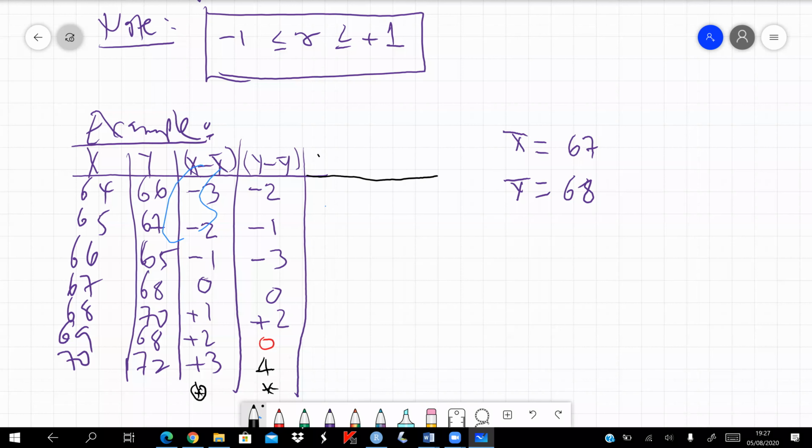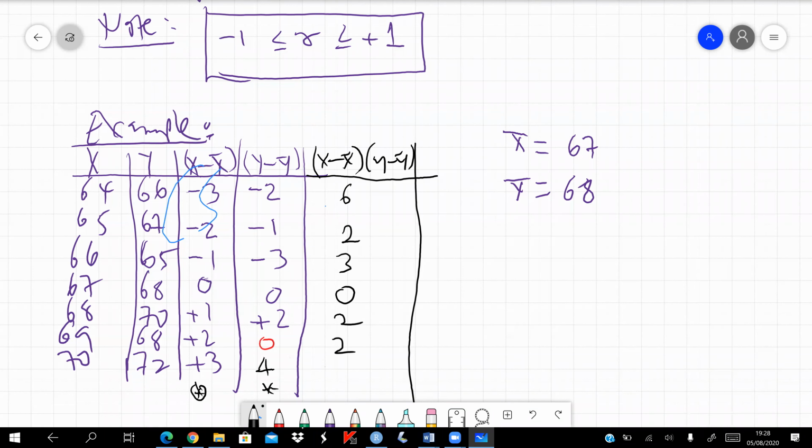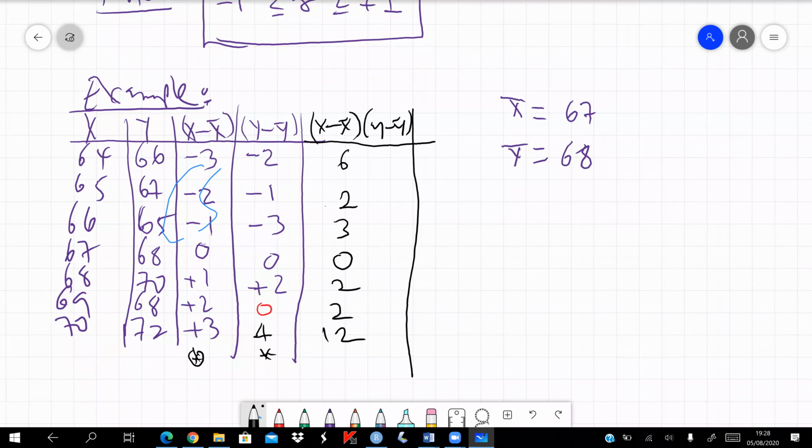So we need x minus x bar multiplied by y minus y bar. So this will be a 6, a 2, a 3, a 0, a 2, a 2, a 12. So I need this summation here. So summation of x minus x bar times y minus y bar. You need that summation.